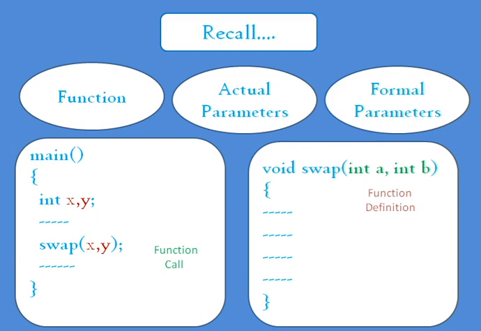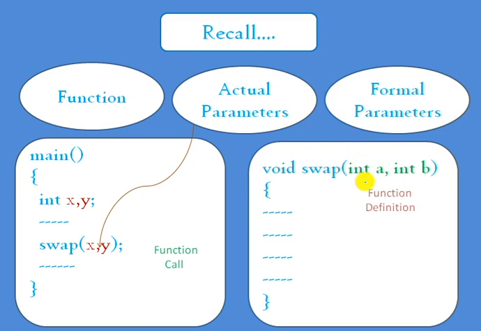So the function call simply has the variable names, and in the function definition you must specify the variable name with the data type. Whatever variables or parameters are in the function call are known as actual parameters.